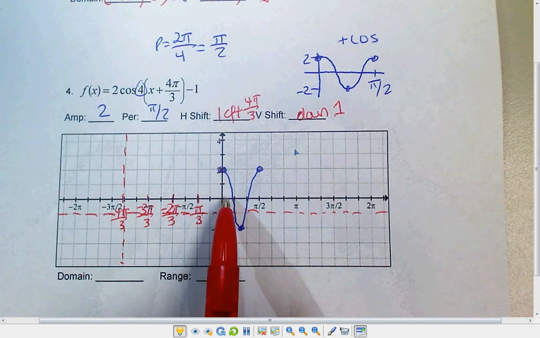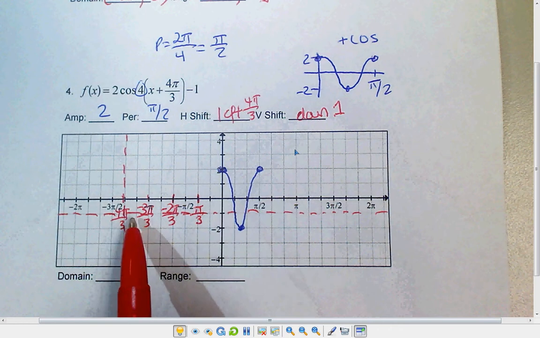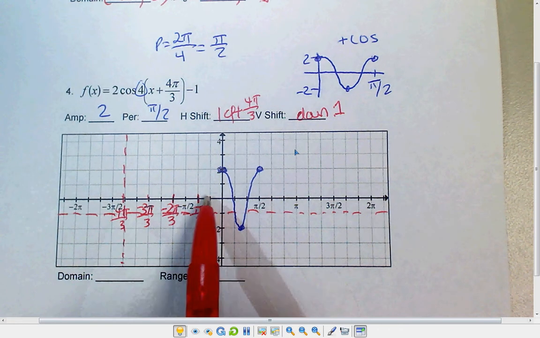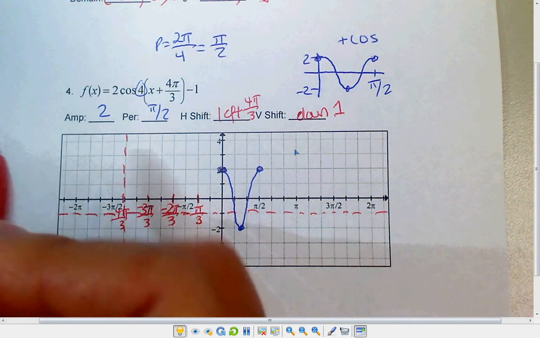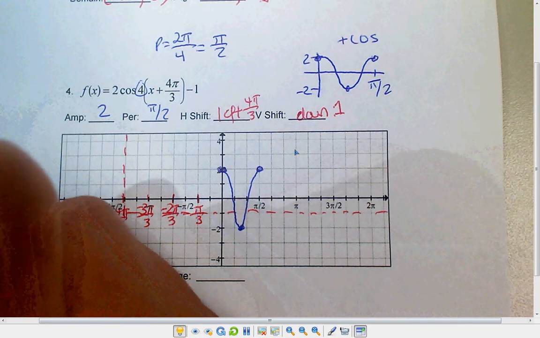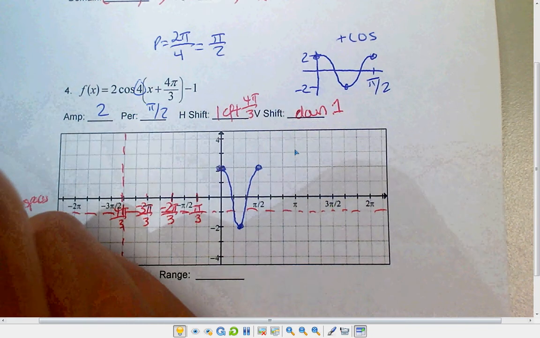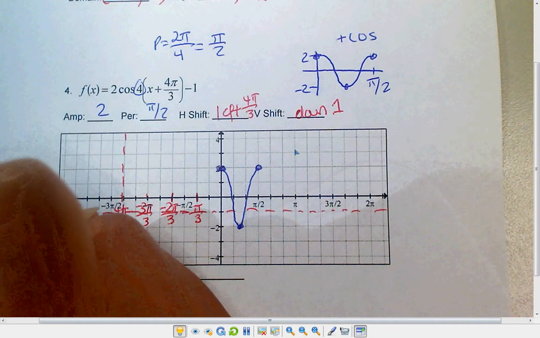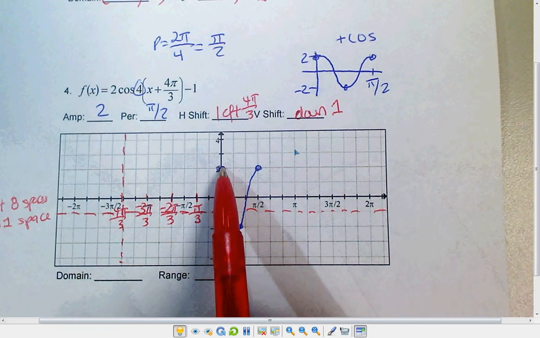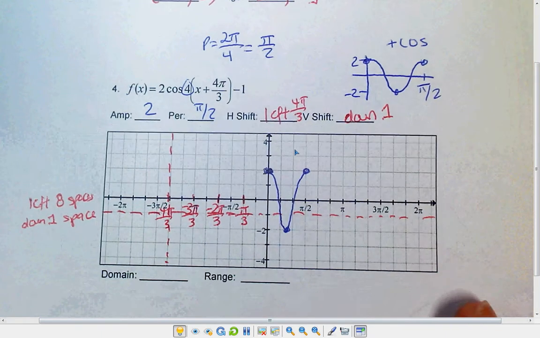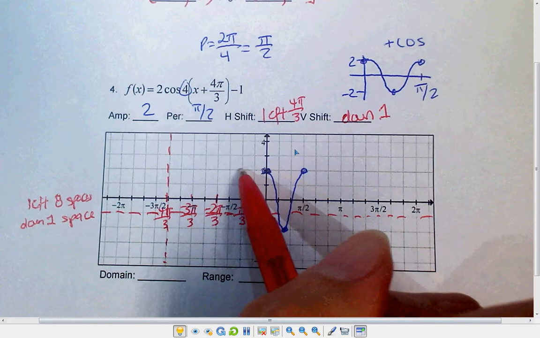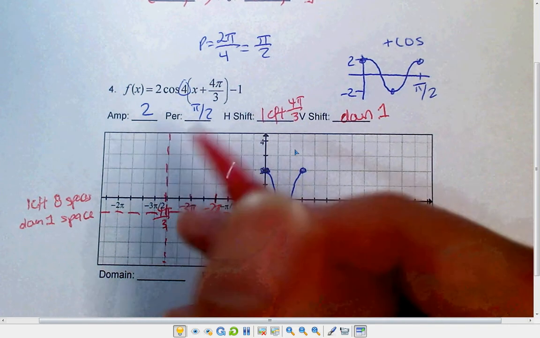So from my original origin to my new origin, I've moved 1, 2, 3, 4, 5, 6, 7, 8 spaces to the left and 1 space down. And so for my first point, I'm going to move 8 spaces to the left, 1 space down.